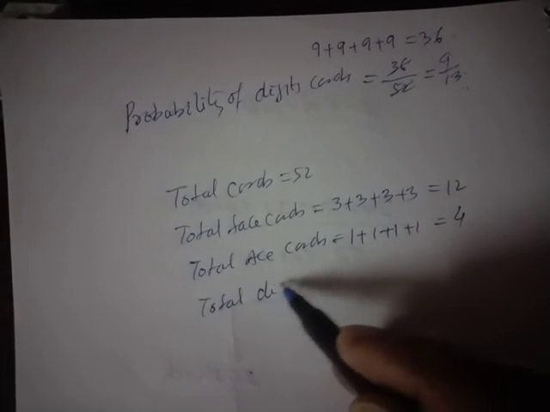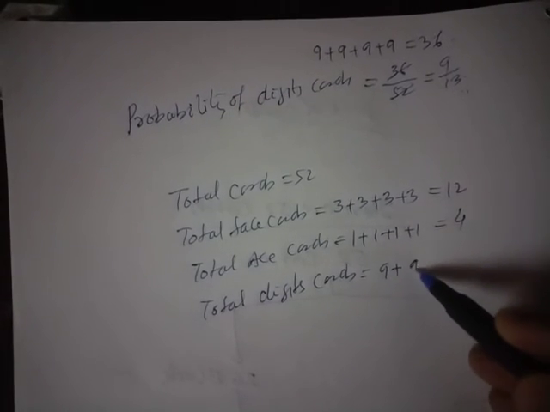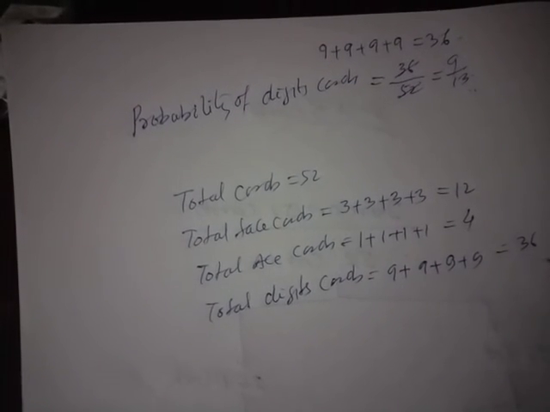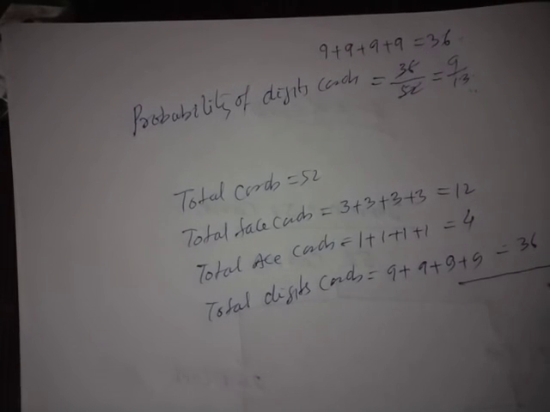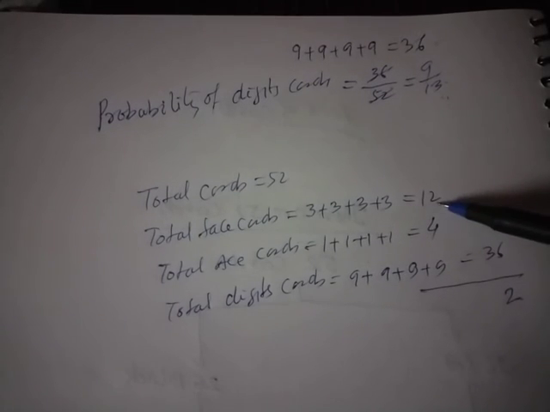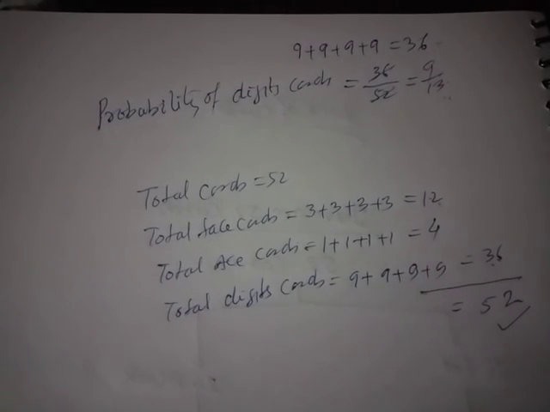Total digit cards 9 plus 9 plus 9 plus 9, 36. So total cards, you see, 4 plus 2 is 6, 6 plus 6 is 12, carry 1, 3 and 1 is 4, 4 and 1 is 5. The total cards are 52.